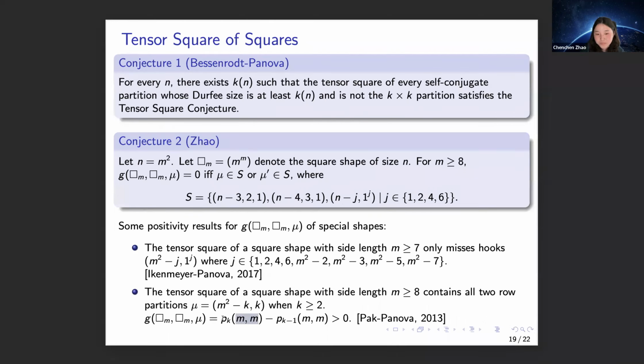So you can write the Kronecker coefficient g of square m and mu to be equal to the difference of the number of partitions in the m by m square of k, if the second row of the two-row partition you are looking at is k, and this difference is indeed positive.